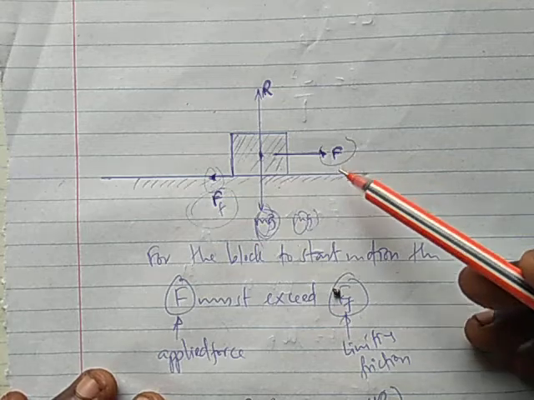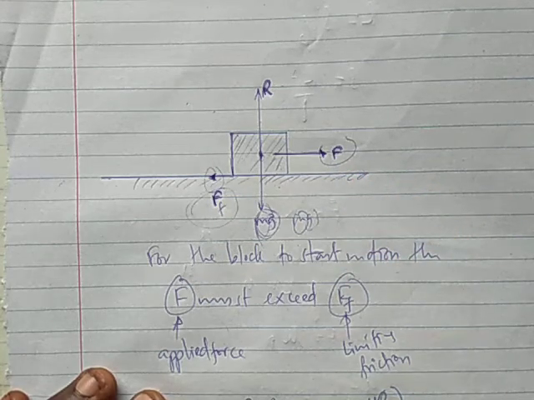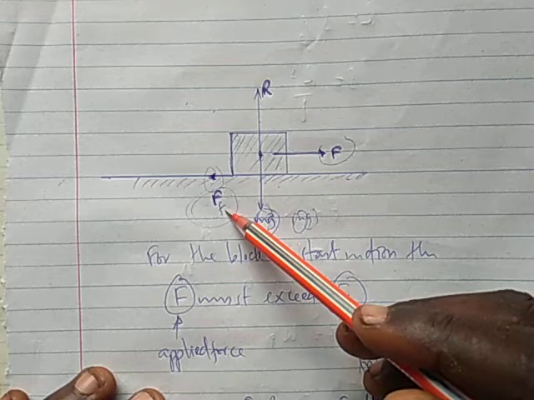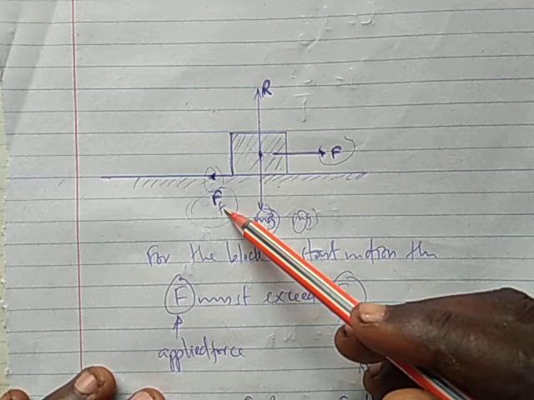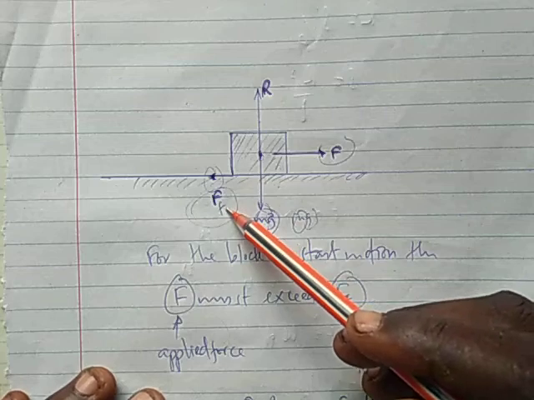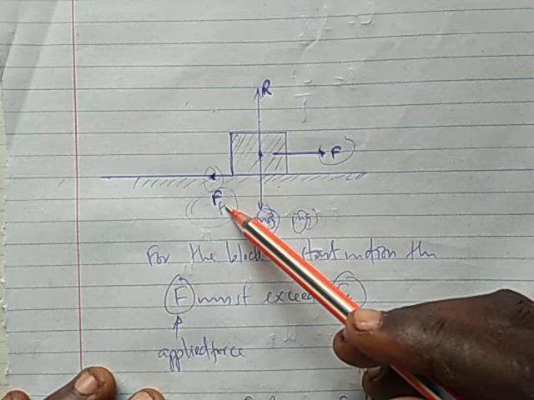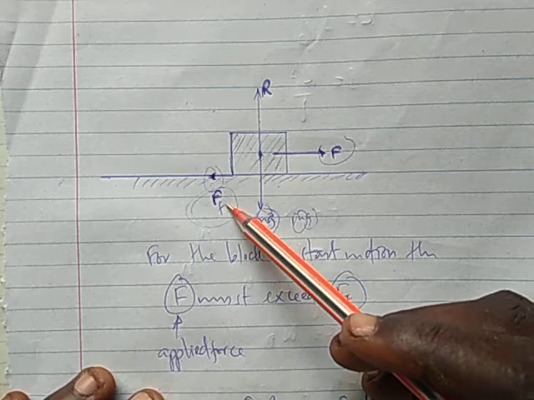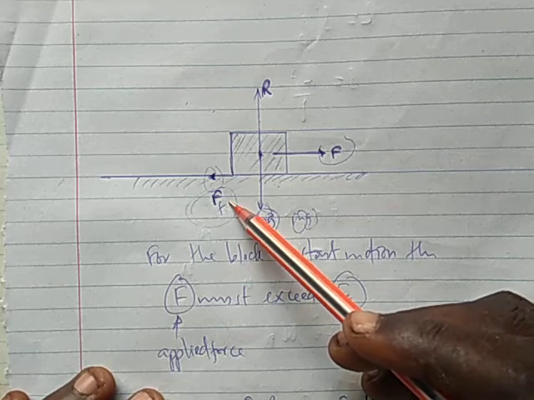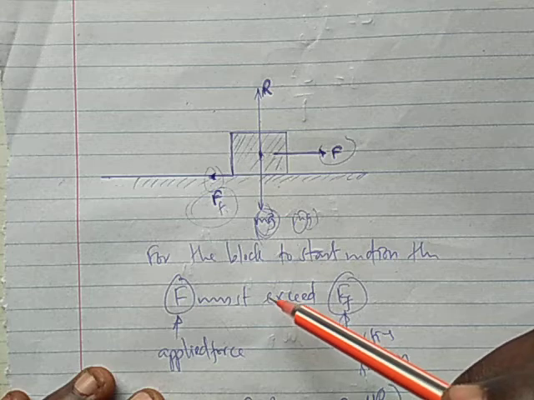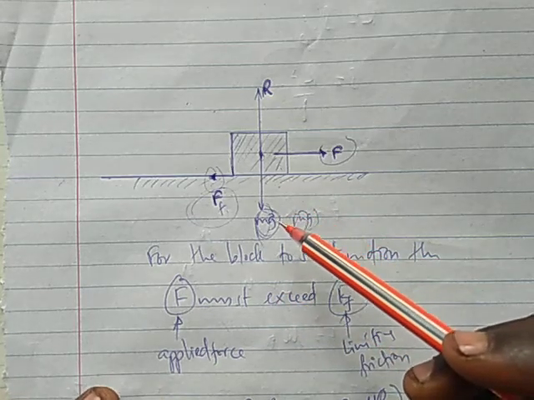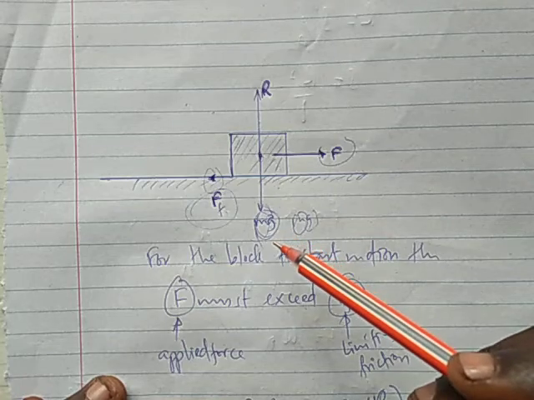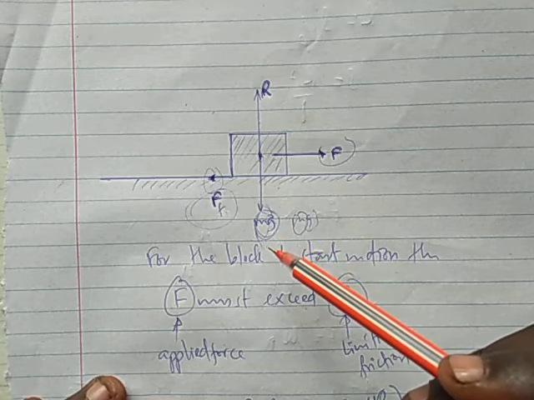If we want the block to start moving, that means there will be a force opposing it to start motion. That force we call the static friction. Force opposing the body to start motion. It was at rest, then it wants to start motion. Force opposing the body to start motion is called the static friction.